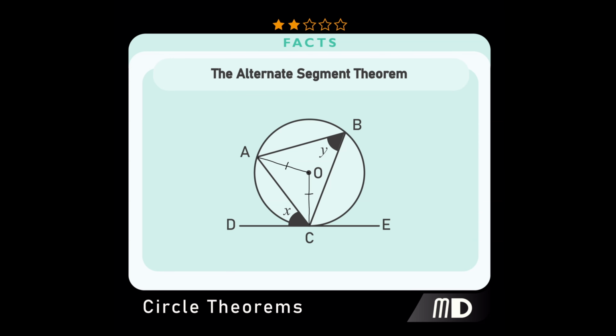Next, let's draw a line perpendicular to the base AC, dividing our isosceles triangle, AOC, into two equal right-angled triangles. We've now cut angle AOC into two equal halves.